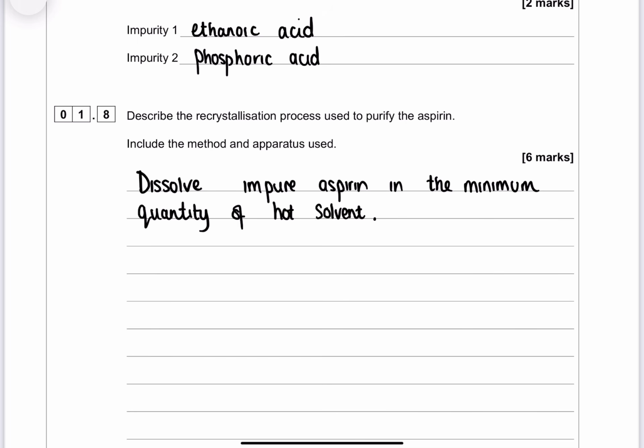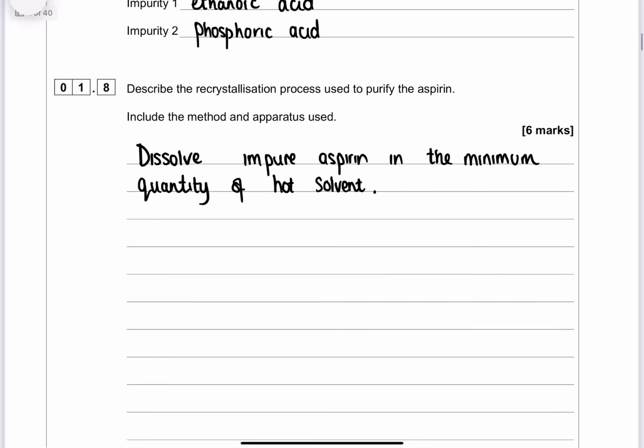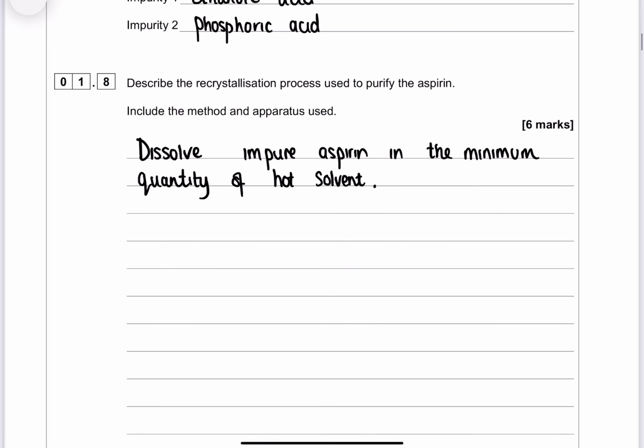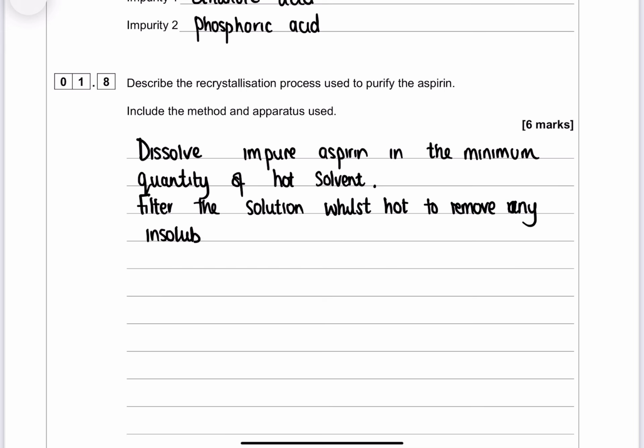It's really important that you say hot and you say the minimum amount. You then want to filter the solution whilst hot, and what you're doing there is removing any insoluble impurities, things that didn't dissolve.